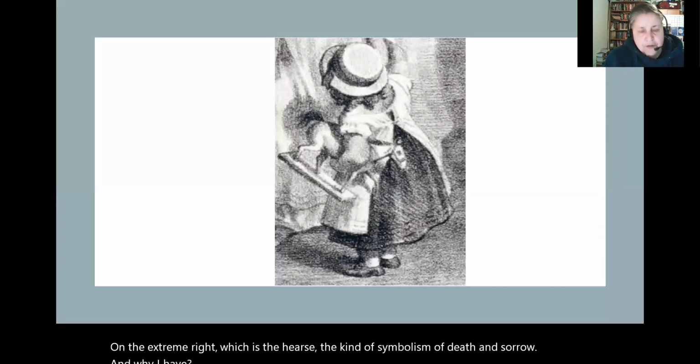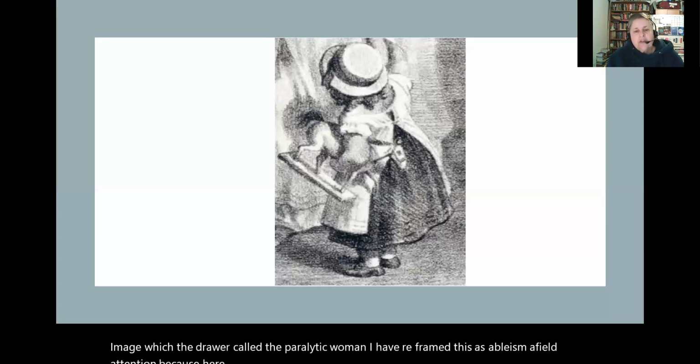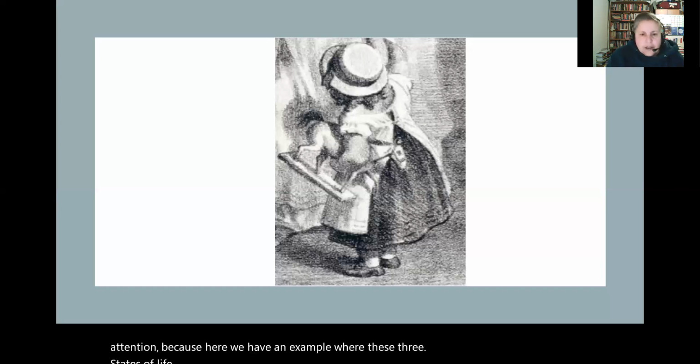And why I have called this image, which the drawer called the Paralytic Woman, I have reframed this as ableism, a field of tension, because here we have an example where these three states of life are colliding. They've been brought together in tension.